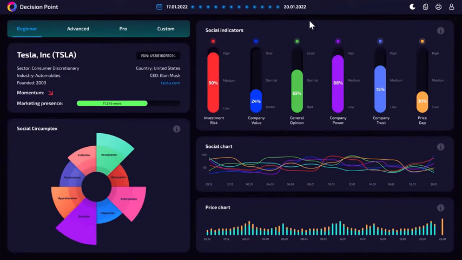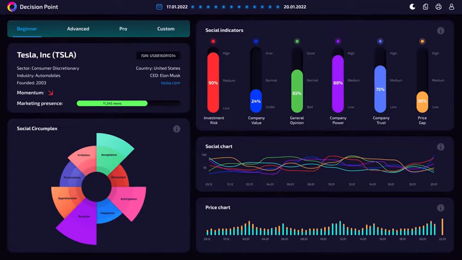If you take a look over the top section, you can see that everything in this context is time bounded. So obviously the user has to customize the dates in which he wants to see information regarding the indicators and eventually regarding the whole company.